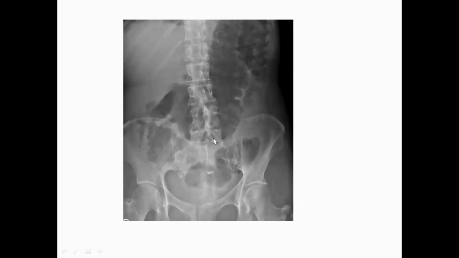So here is mucosal thickening, the thumbprinting sign. And here also there's another mucosal thickening, thumbprinting. So what's the feature of toxic megacolon? A hugely dilated colon. For sure, it will be more than 6 centimeters, so it might reach 11, 12, 13.